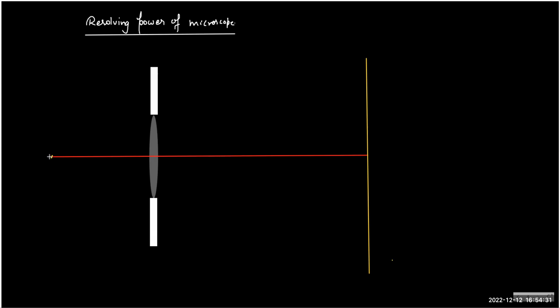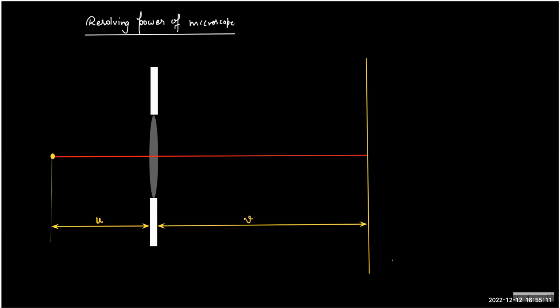So our object will be here, and the distance that we choose is called u. The image we obtain will be at v, because for u there is a v, and for infinity it is f, isn't it? Yes, sir. So let's say u is the object distance and v is the image distance.